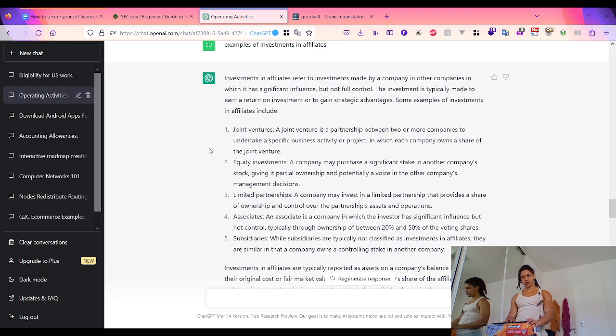And here you have joint ventures, equity investments, limited partnerships, associates, and subsidiaries.